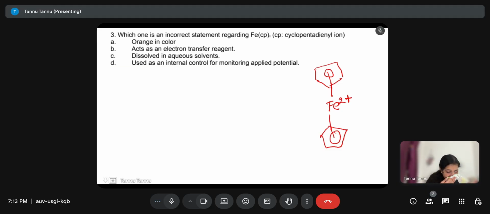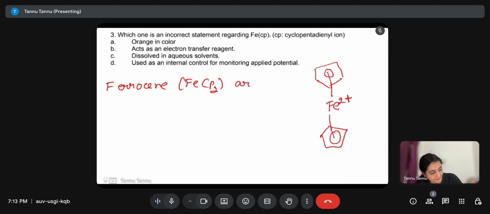It is orange in color. Ferrocene, FeCp2, is typically orange in color. So this is a correct option.